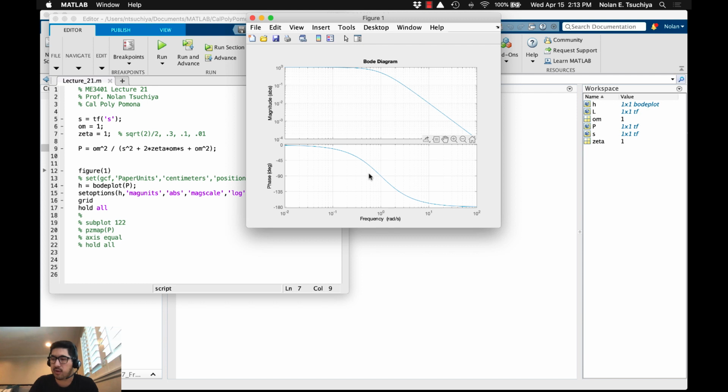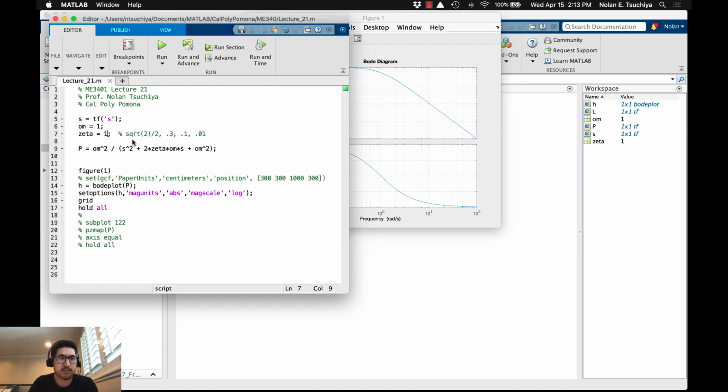Only, as we've expressed before, the slope, right? You'll notice that for every decade on the log scale, so 10 to the 0 to 10 to the 1, we're actually decreasing by 2 decades on the magnitude scale. So the slope is steeper. And for the phase, we got 0 to negative 180 passing through negative 90 at the cutoff frequency, which is 1 in this case.